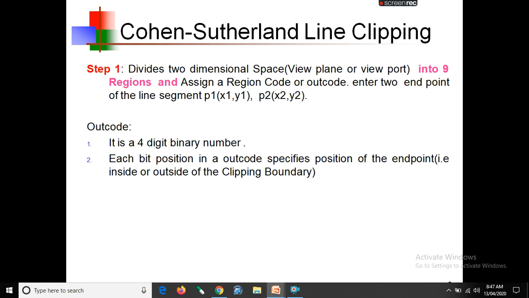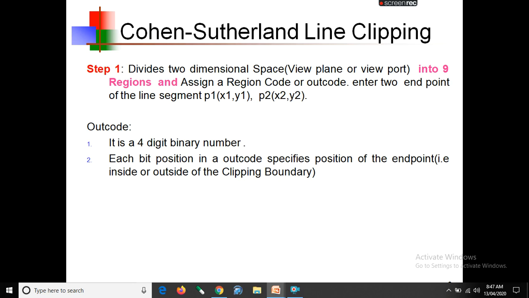Assume my first endpoint is P1 with position x1, y1, and P2 is the second endpoint with position x2, y2. So in the first step, we assign a unique out code to each region of the two-dimensional viewing plane, and we enter the two endpoints of the line segment.